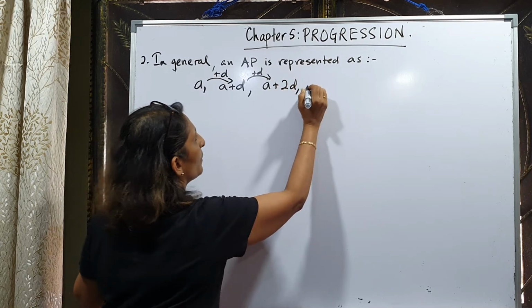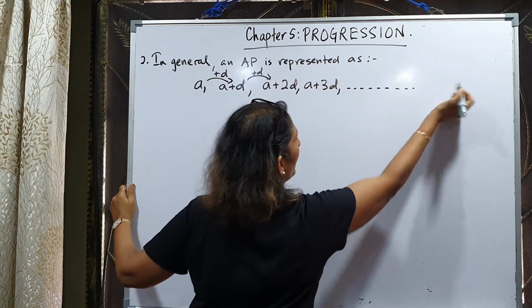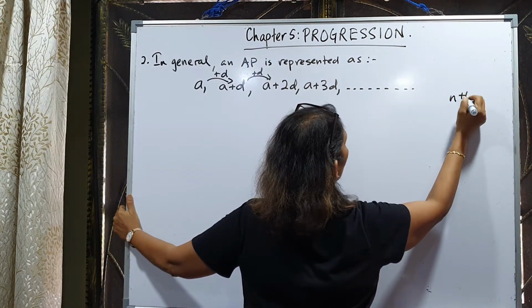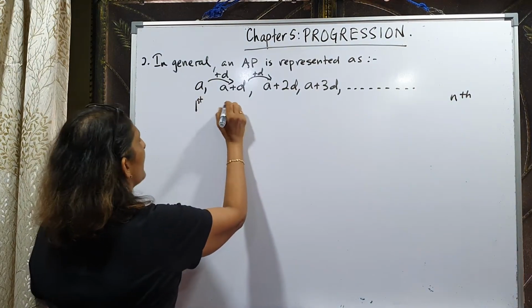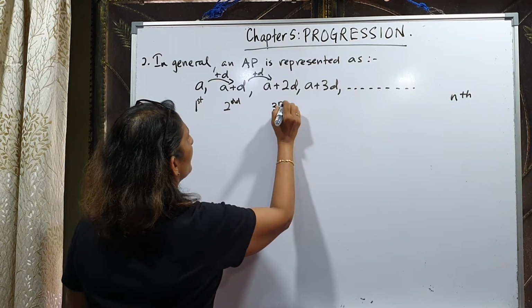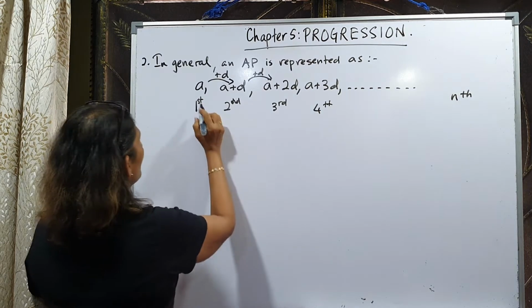And this will go on, A plus 3D, and go on to the end. So what is the nth term? This is the first term, second term, third term, fourth term.